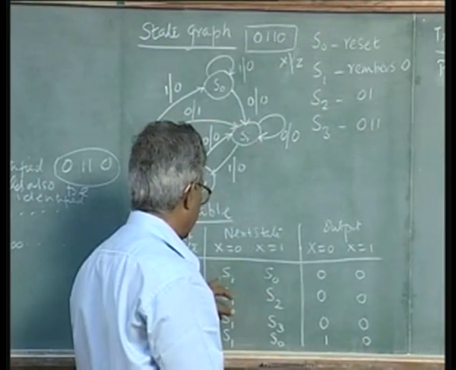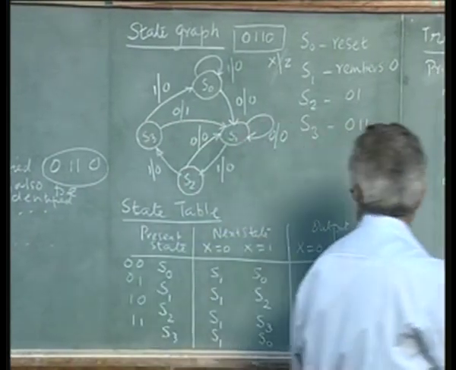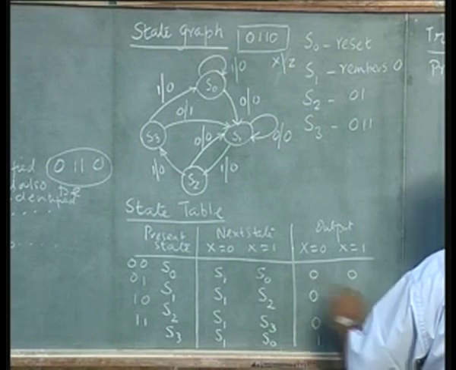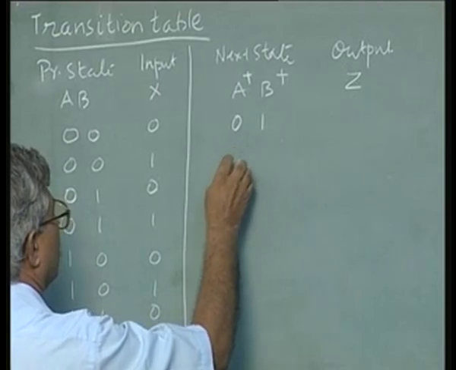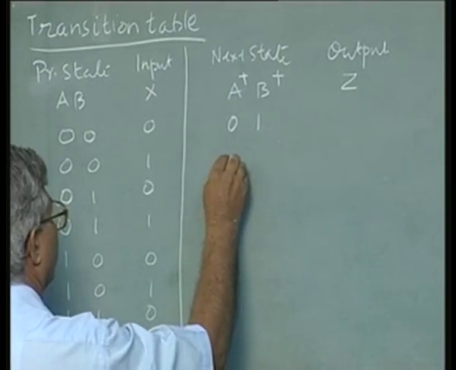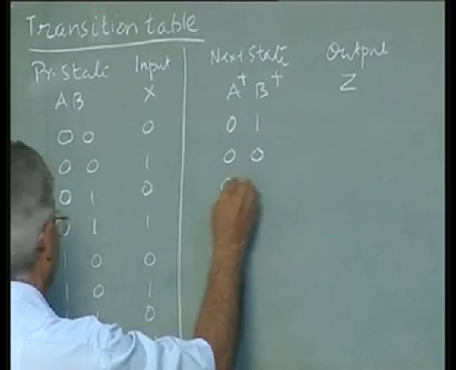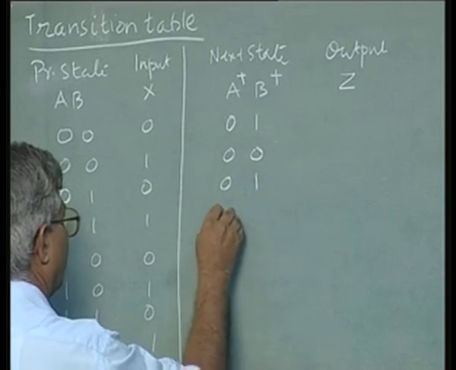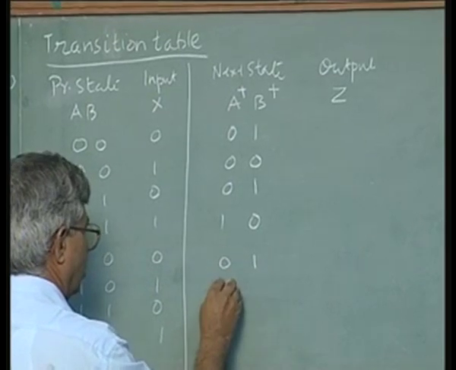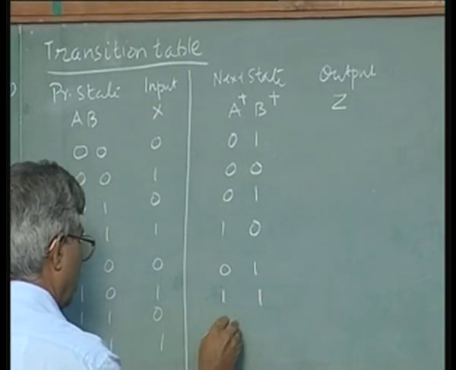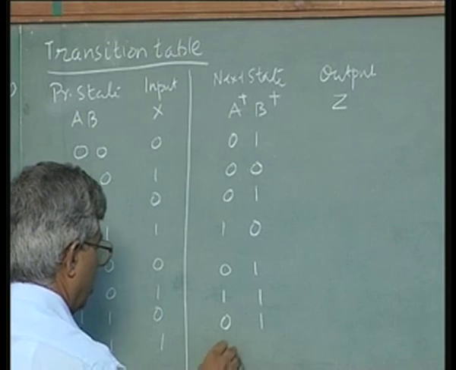The next states are: S1, which is 01, then 01, S0 which is 00, 01, 10, 01, 11, 01, 00.